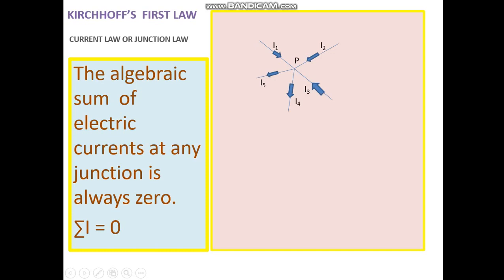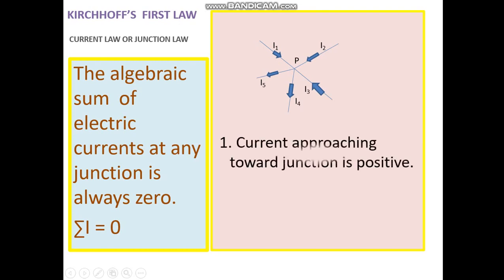Let us take an example like this. P is a junction. I1, I2, I3 are directed towards P. I4 and I5 are directed away from P. So, we have a sign convention. Current approaching the junction is positive.